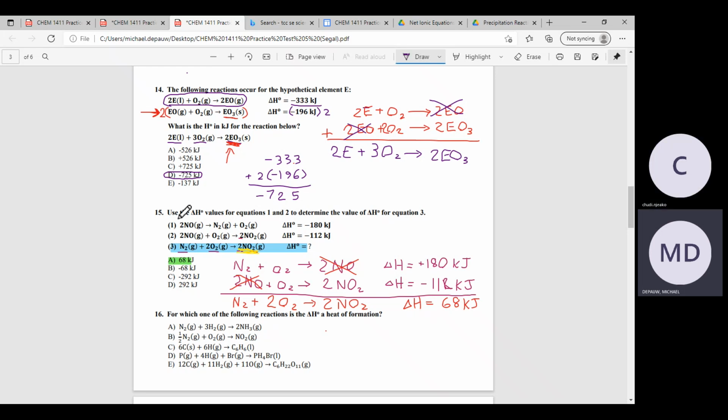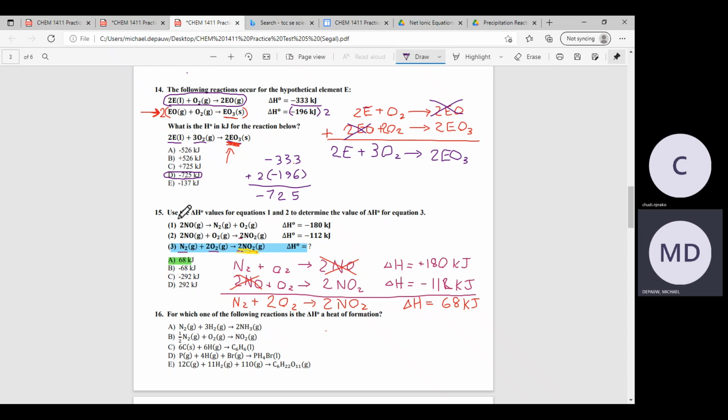We can multiply it by 1/2, we can multiply it by 2, we can multiply it by 3 or 4. But that's all that we can do. And then once we've multiplied it or flipped it, we can add them together to get the overall reaction.